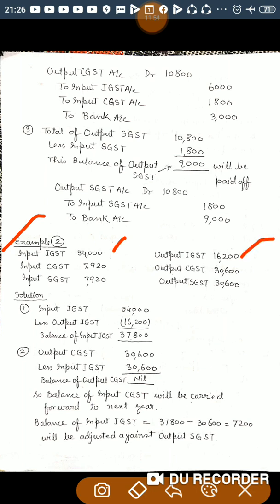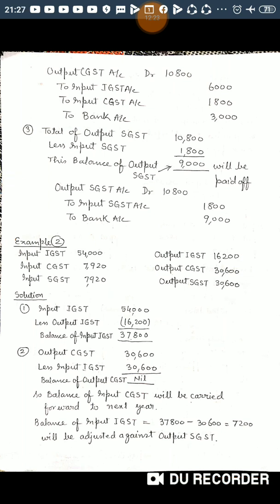Again, this is the first case I'm talking about, when input IGST is more than output IGST. Input CGST is given 7,920, and output CGST is given 30,600. The same amount is given for SGST also: input SGST 7,920, and output SGST is 30,600.